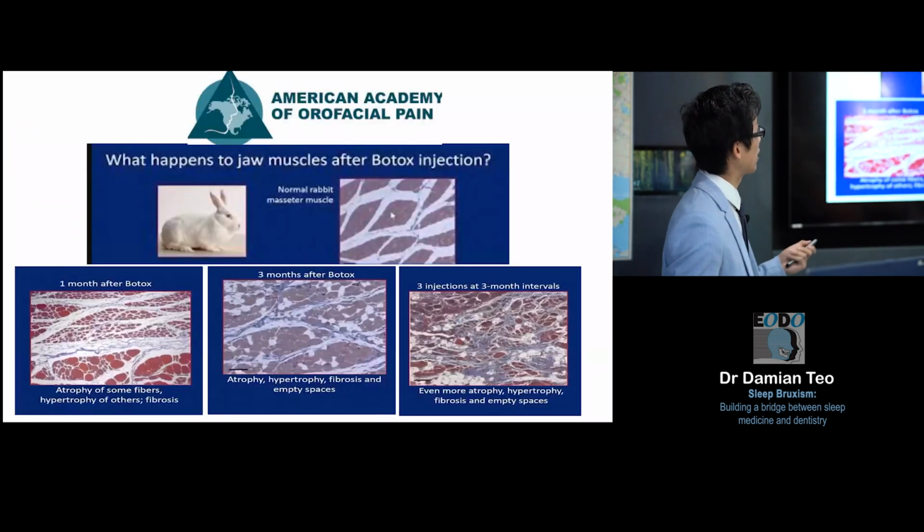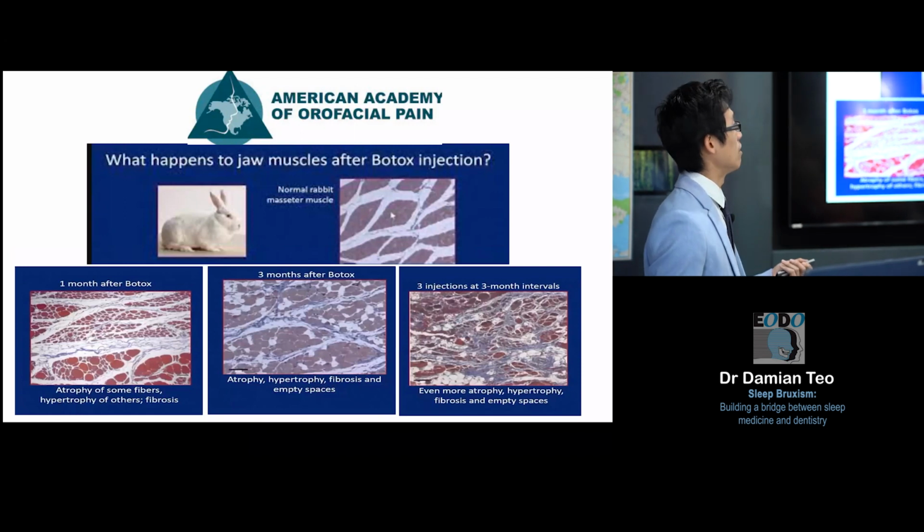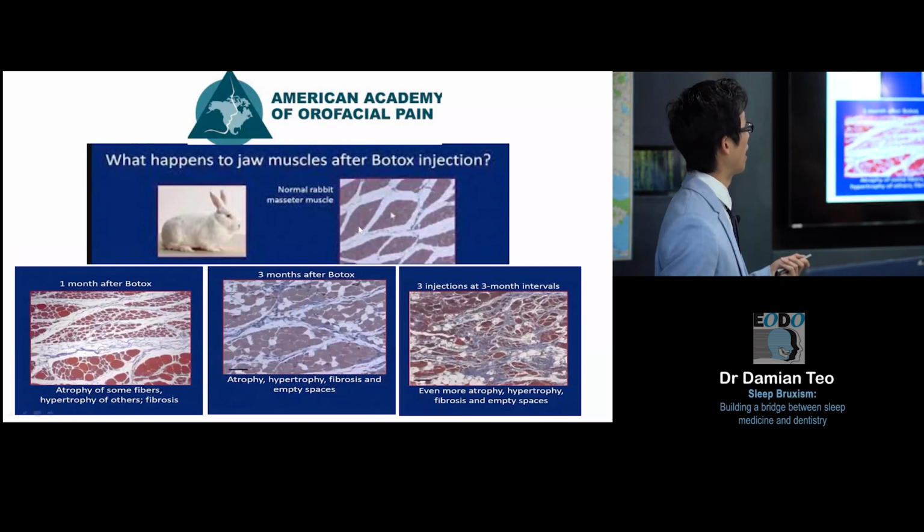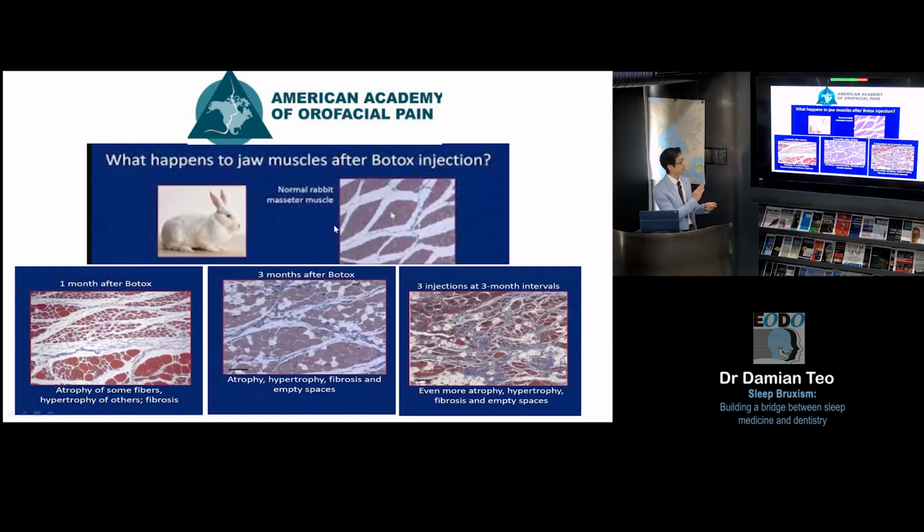This was from the American Academy of Orofacial Pain, where Jeff Okeson is a diplomate. I had this slide talking about bruxism and Botox in rabbits, where they injected Botox into the masseter muscles. One month after Botox, the masseter muscles showed atrophy of some fibers and hypertrophy of others, and also fibrosis. Three months after the Botox wore off, there was still this lingering atrophy, hypertrophy, fibrosis, and empty spaces.